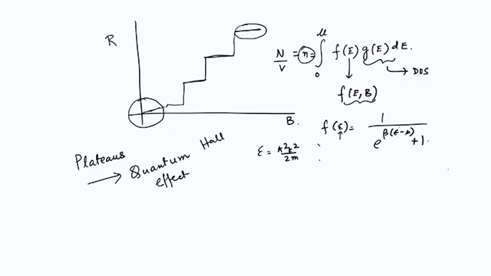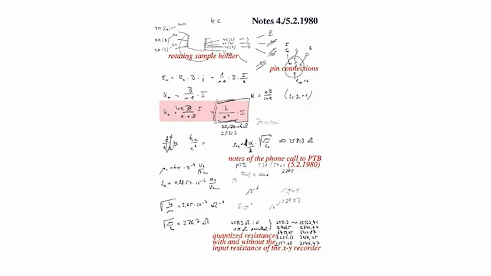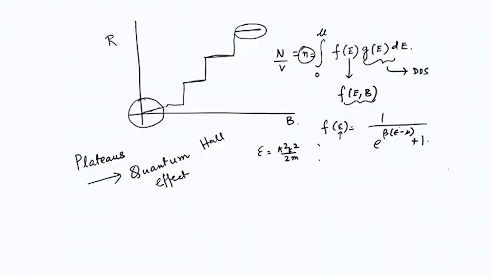Now, what Klitzing found out on the day of his discovery, in which he actually wrote some nice notes, which are sort of illegible because they have been used many times, was that these resistivities are quantized in units of h over e squared, which means this has a value h over e squared. I am just giving you an example. This is h over 2e squared, this is h over 3e squared, and so on.